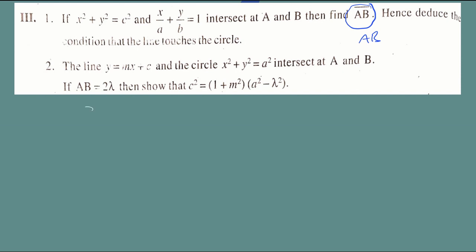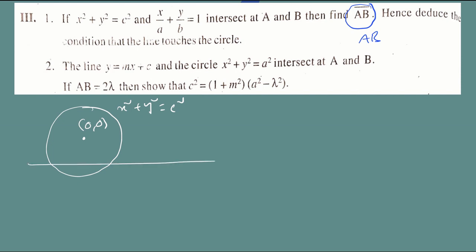You see, I have a circle. The equation of the circle is x square plus y square is equal to c square. So the center is nothing but 0, 0 and the radius is nothing but c. I have a line here. What is the line? x by a plus y by b is equal to 1.